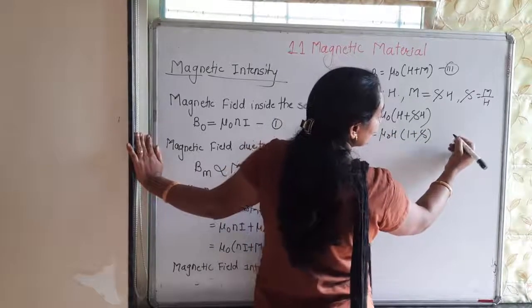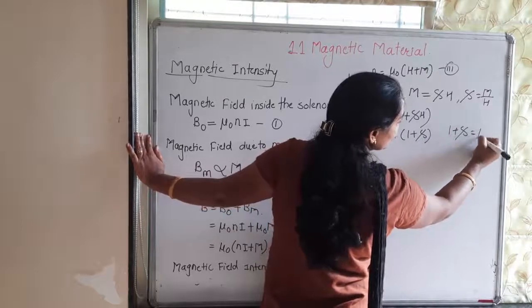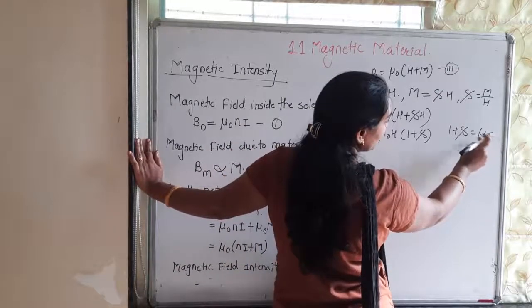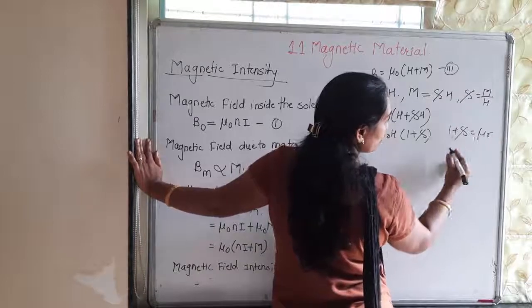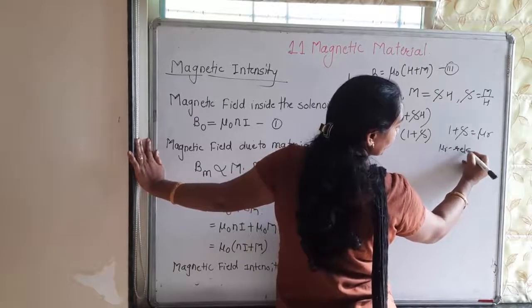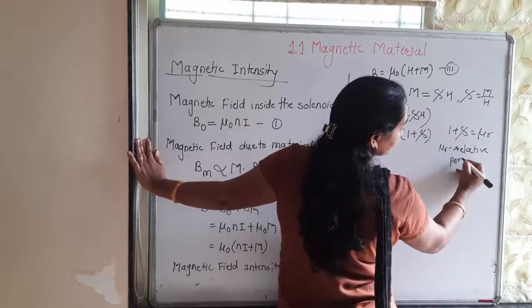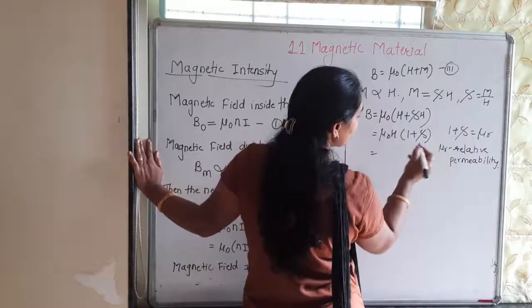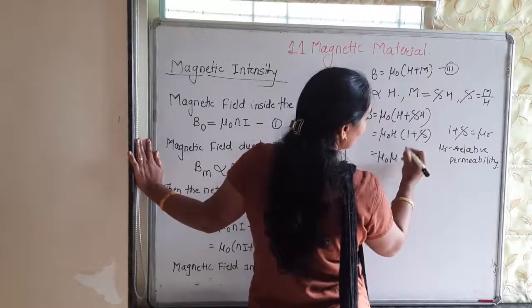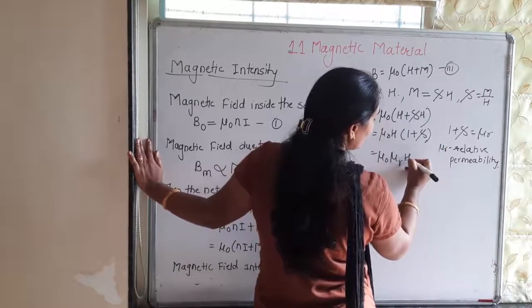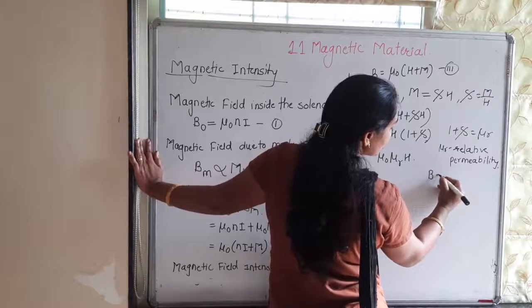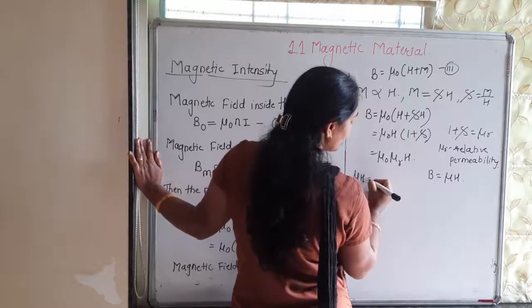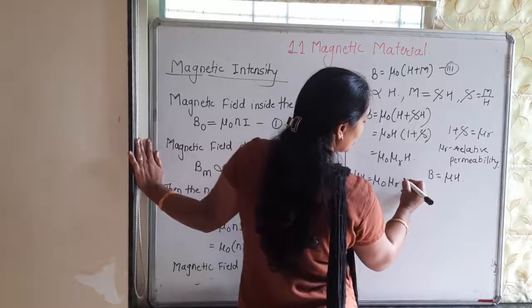We know that 1 plus chi is equal to mu r, the relative permeability. So B equals mu0 mu r into H. But B is also equal to mu into H.